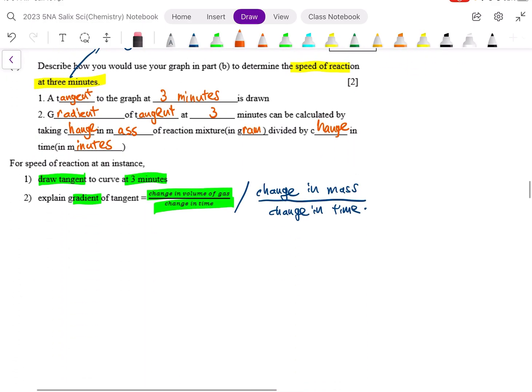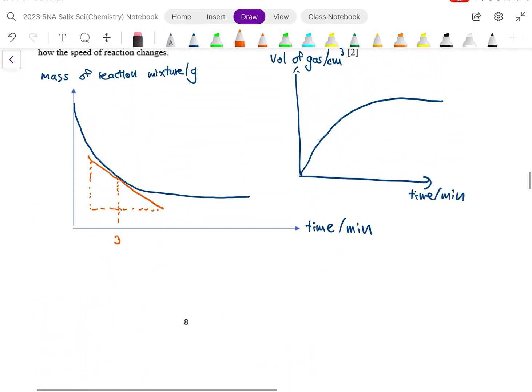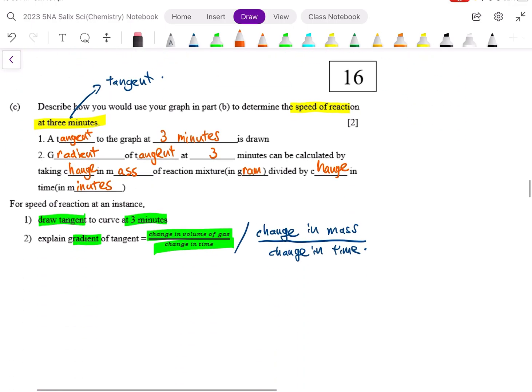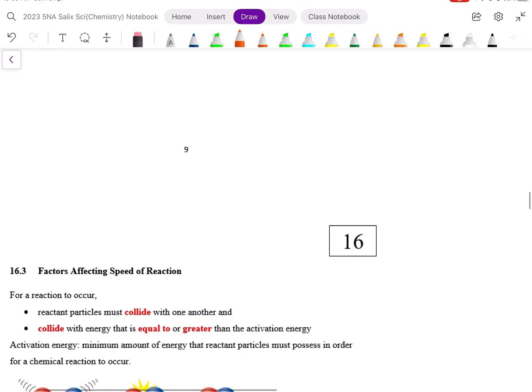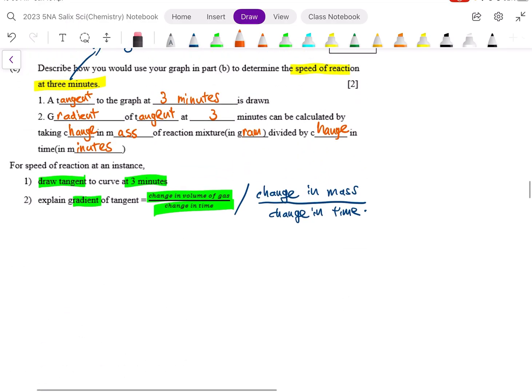Here would be the change in time, here would be the change in mass. Then I'll stop here for the first half of this chapter.